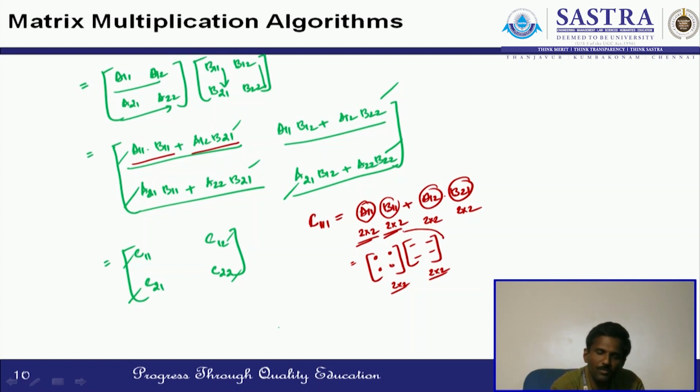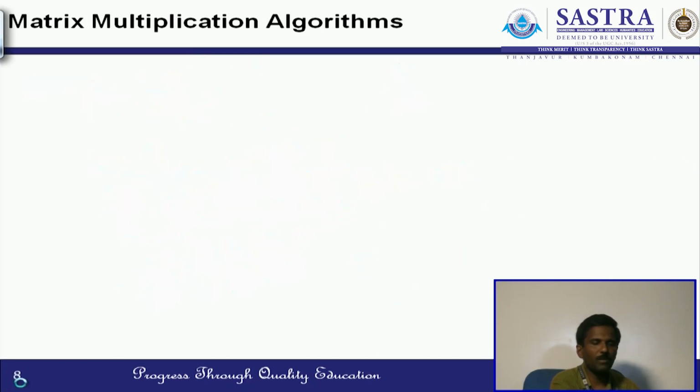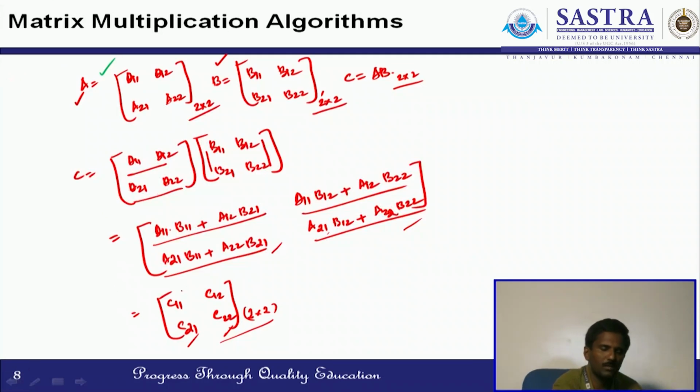Likewise, this part is computed, and this part also, as the product of 2 by 2 matrices by applying the conventional matrix multiplication equations as we defined here: what is C11, C12, C21 and C22.